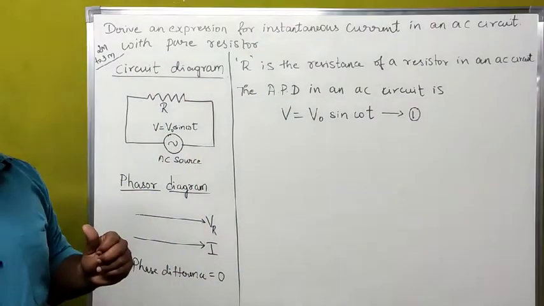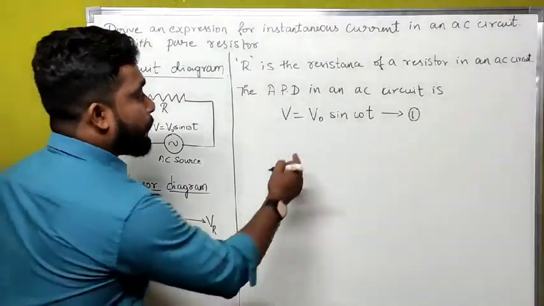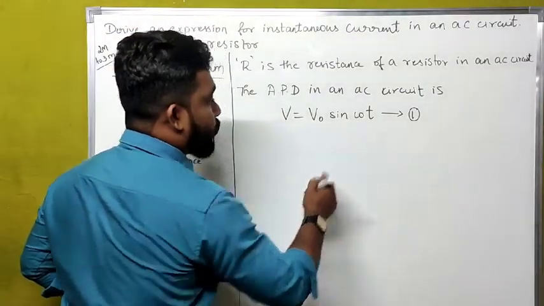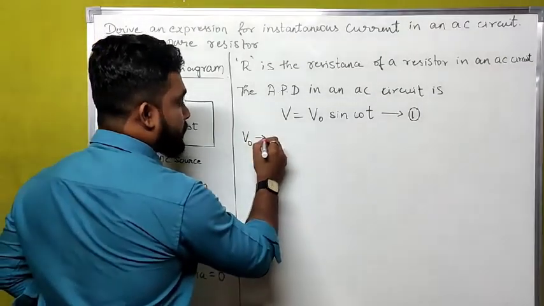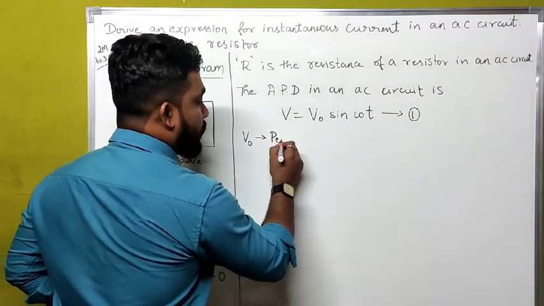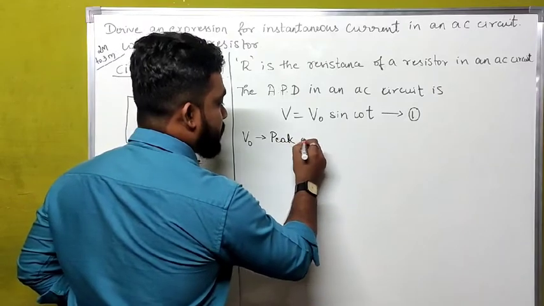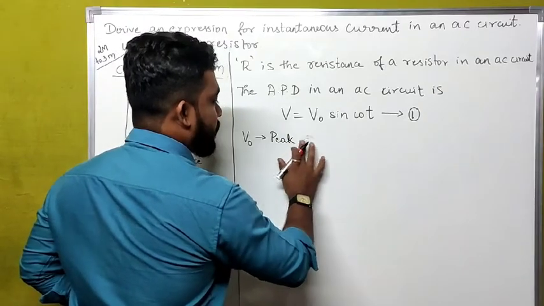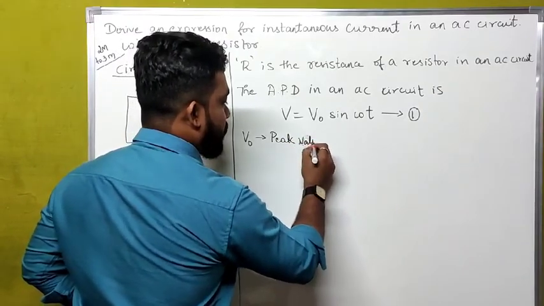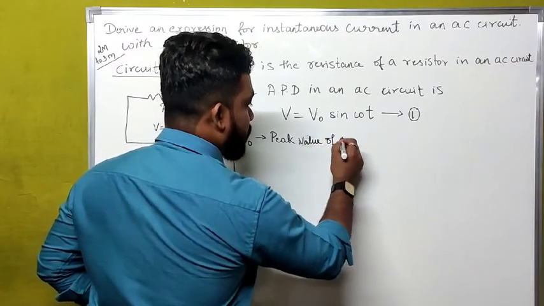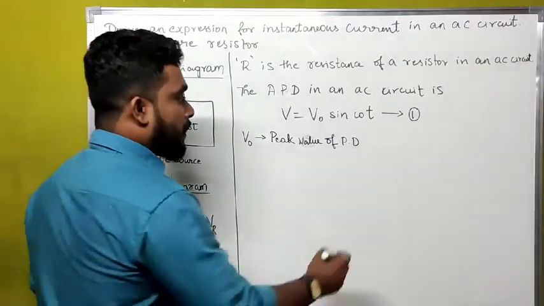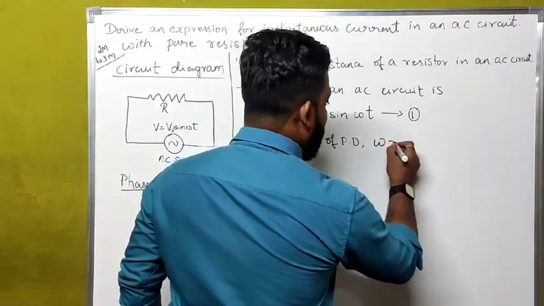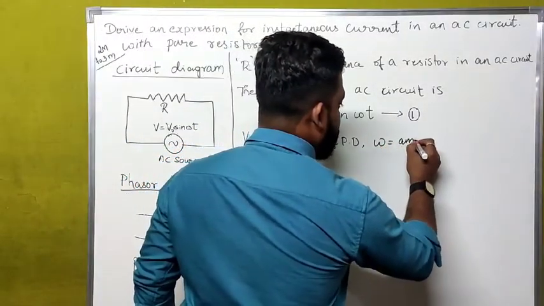But we know what the values of V naught and omega are. V naught is the peak value of potential difference, and omega is angular frequency.